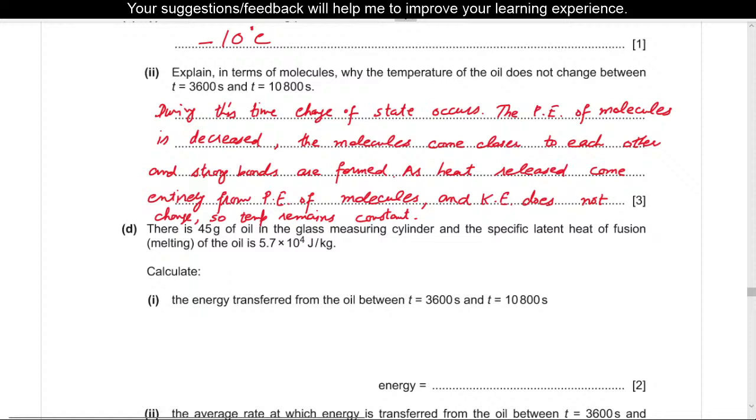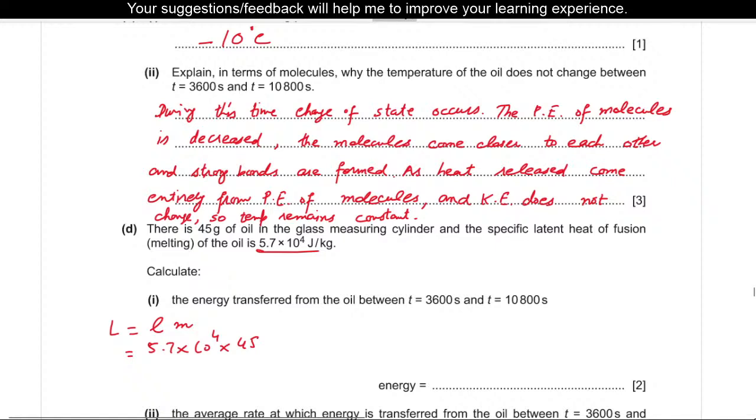So we have to find the heat energy. आपने formula पढ़ा होगा, latent heat is equal to L into M. Specific latent heat of fusion is given 5.7 × 10^4 joule per kg, and the mass is given as 45 gram.